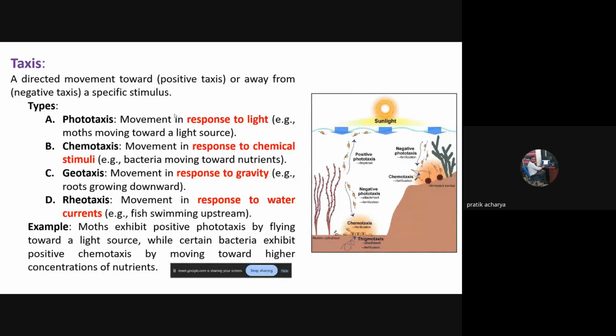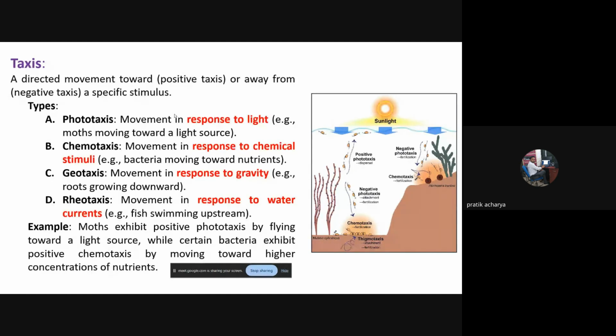Any kind of external stimulus we can discuss. If the organism is moving towards or away from the stimulus, that determines the taxis. If the organism is moving towards the stimulus, that is known as positive taxis. If away from the stimulus, that is known as negative taxis.